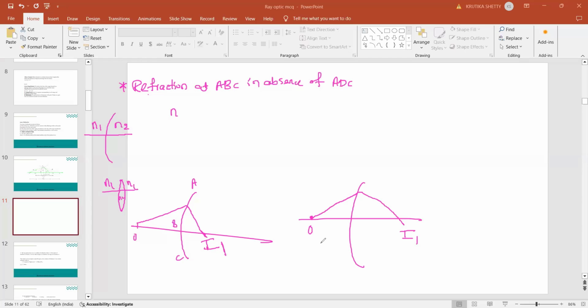Okay students, so this is your object distance U and this is your image distance. What have we denoted for I1? Please check the figure. What have we written for I1?